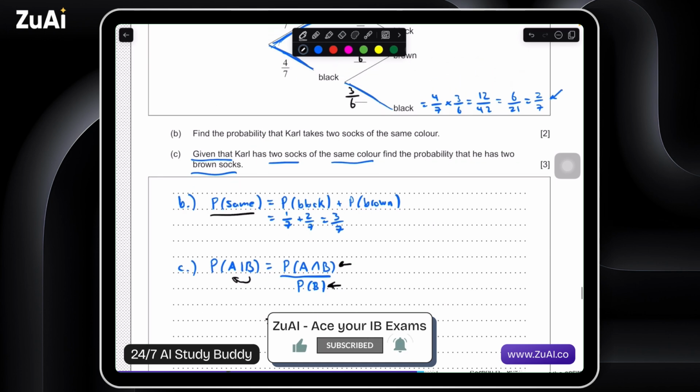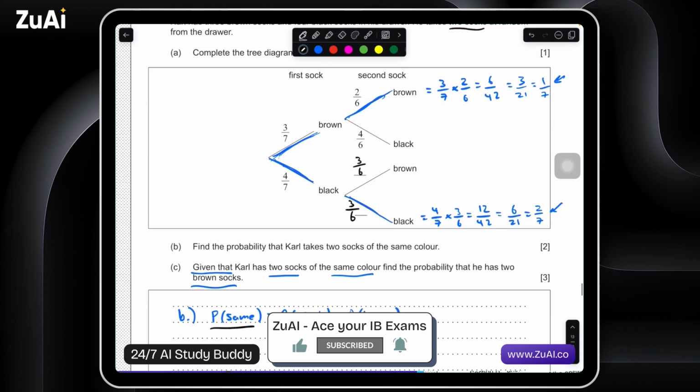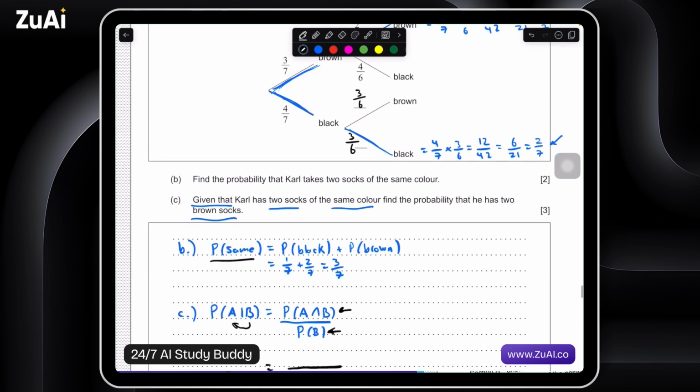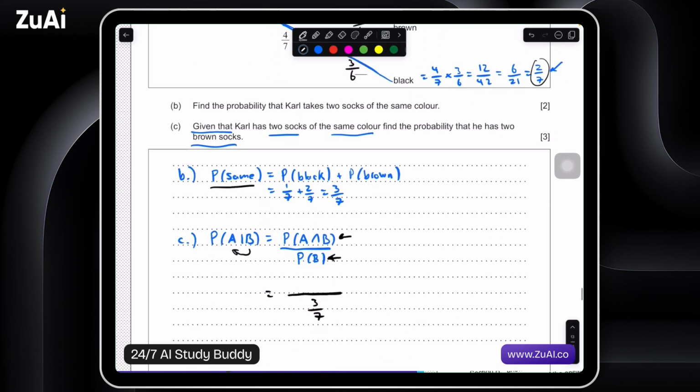And out of that portion where he has the same color, what fraction of those are brown socks? So here it is. 2/7 of the time he has black, 1/7 of the time he has brown. So 1/7 out of that 3/7 he has brown. You can put this into your calculator. In the end, we'll get 1/3.